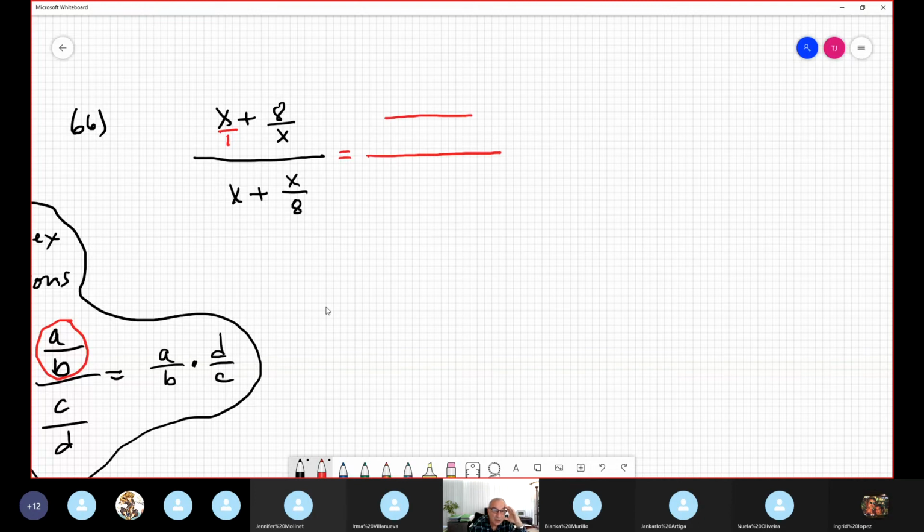I found the least common denominator: between 1 and x is x. x times x, x squared. And this is a plus a, because x divided by x is 1 times a is a. Okay, ready. This is my A, and this is my B in this example, A and B. Okay?